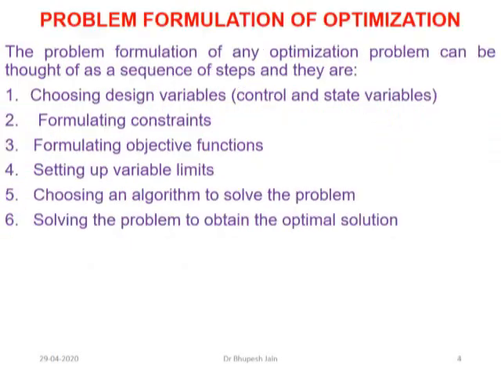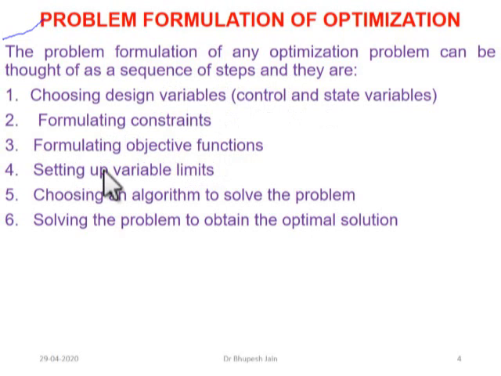So let's talk about how to formulate the problem in optimization. First we choose design variables, then formulate the constraints. Constraints are the conditions which must be satisfied while we do the optimization, whether maximization or minimization.